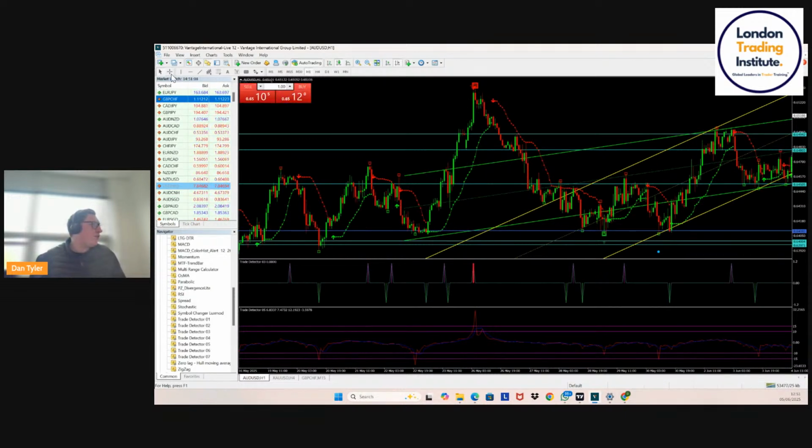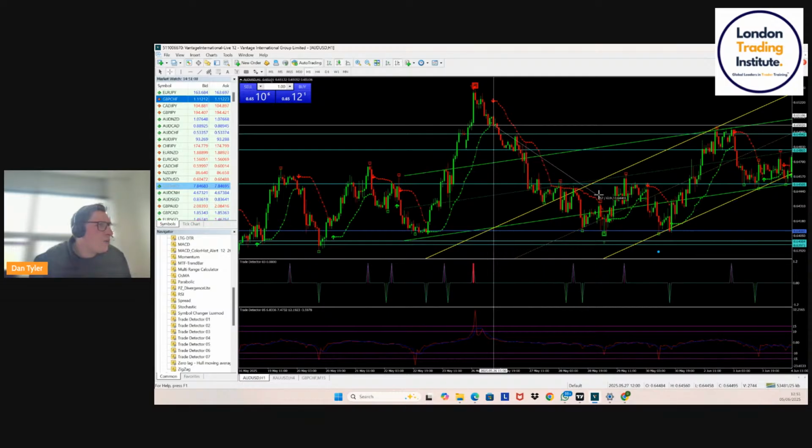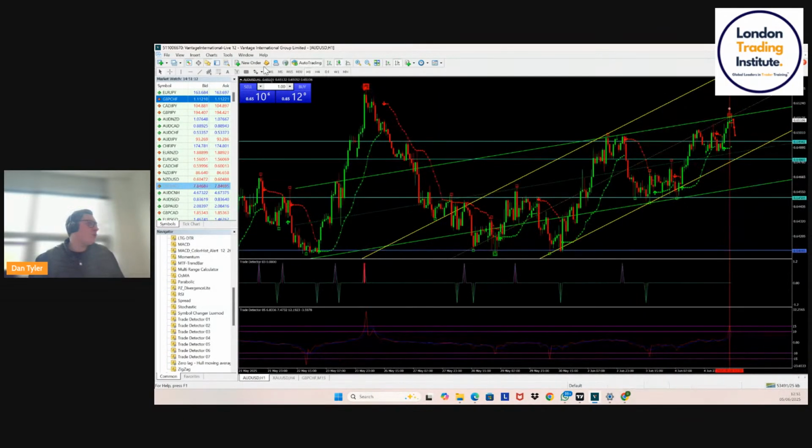This downtrend from here all the way down to here, 72 pips. 45 pips. And even here, look, this one was a little bit of a shorter one. That would have been 10 pips, right?